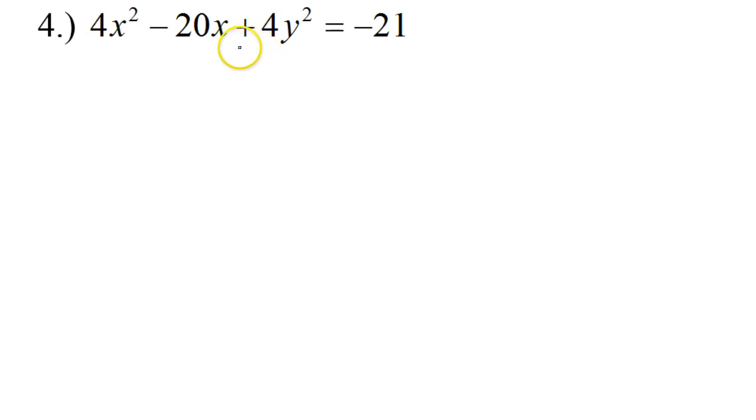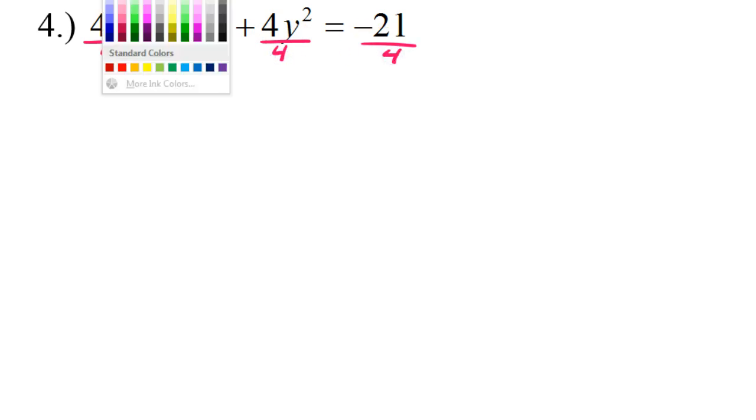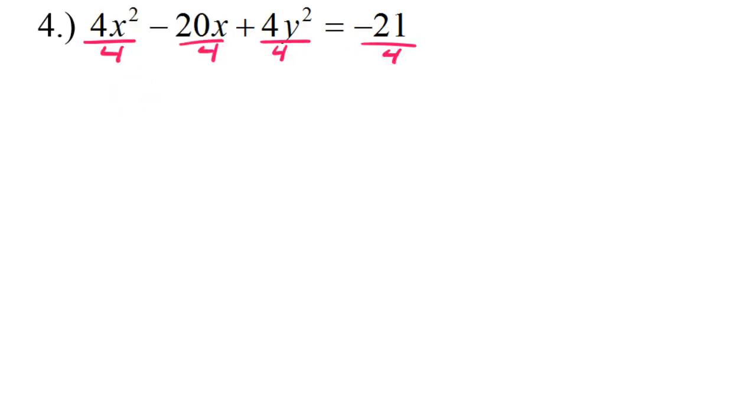So the first thing I need to do is I need to divide everything by 4. All right, for a circle, I don't want anything in front of x squared and y squared. So I'm going to divide everything by 4. Now, unfortunately, we're going to get some fractions in this problem, so I don't see any way around that.